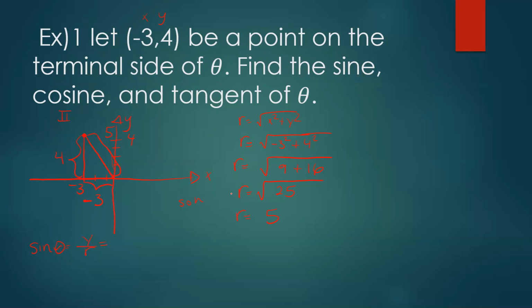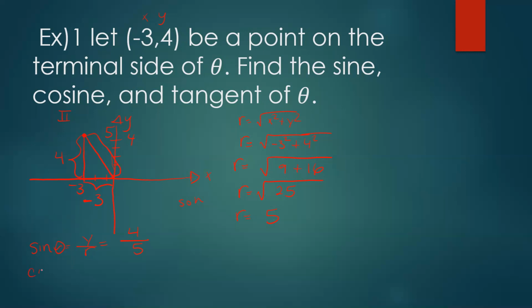What's my y value? It's positive 4, so replace y with 4, and the radius is 5. If you want, you could also use SOHCAHTOA: here's theta, the opposite side would be 4, and the hypotenuse would be 5. Either way works, but I'm going to do it the other way.